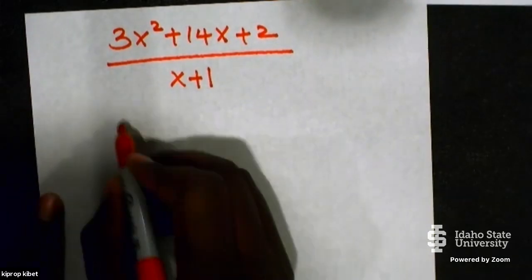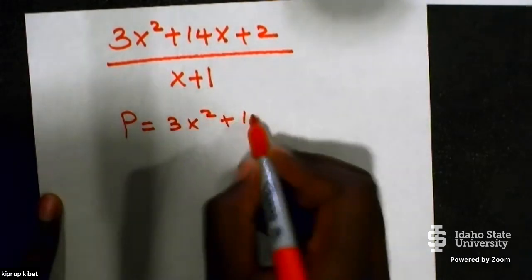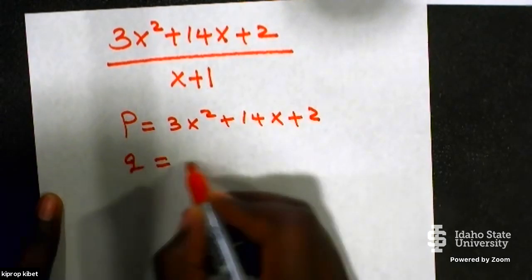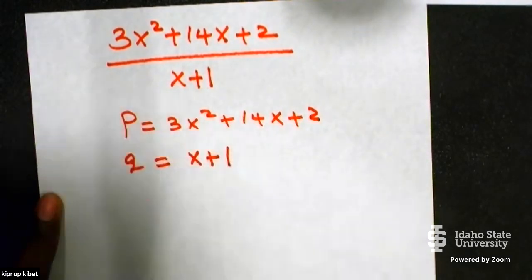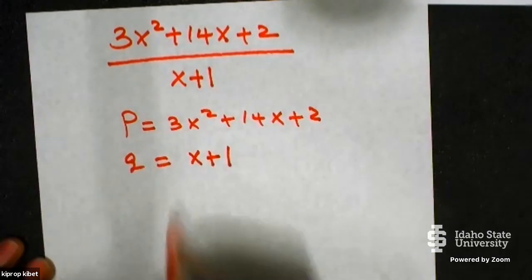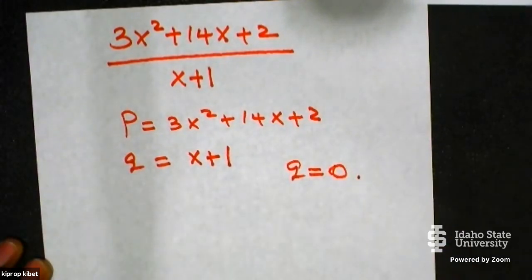So P is 3x squared plus 14x plus 2. Then Q is equal to what? x plus 1. So for an expression to be undefined, then Q should be equal to 0.